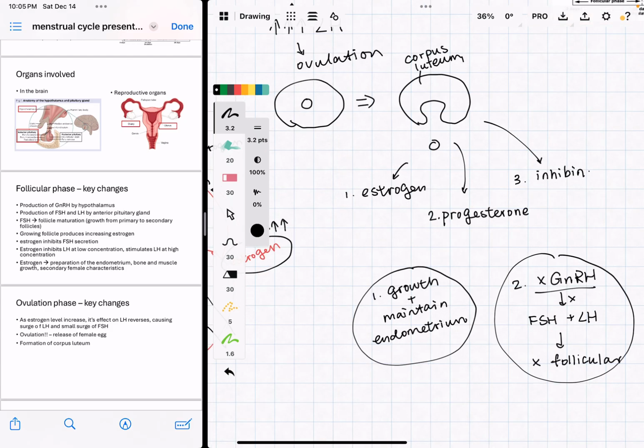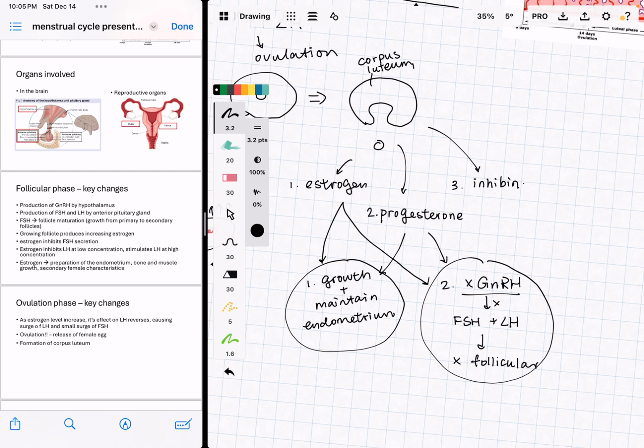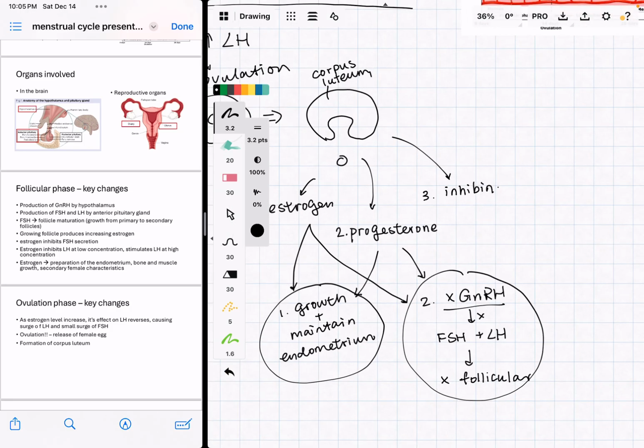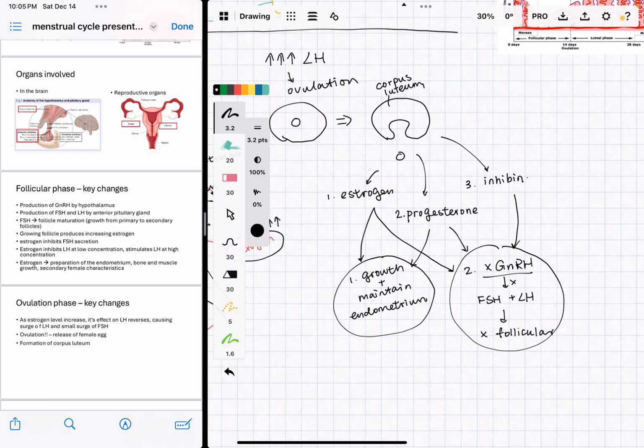Estrogen inhibits the level of FSH, and it also supports the growth of the endometrium. Progesterone also does both the growth and maintenance of the endometrium, and it also inhibits the levels of GnRH. And inhibin, as the name suggests, only inhibits these hormones.